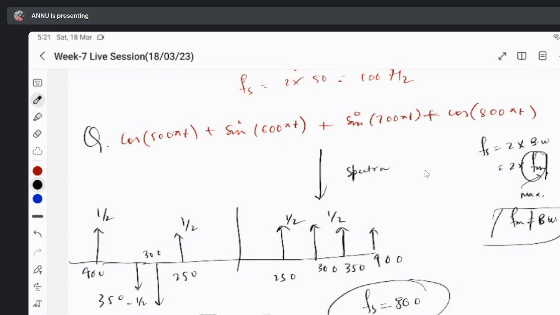For drawing the spectra, since cos is an even function, you put everything on the positive side. For sine, you put it in the negative direction, right? Why negative?